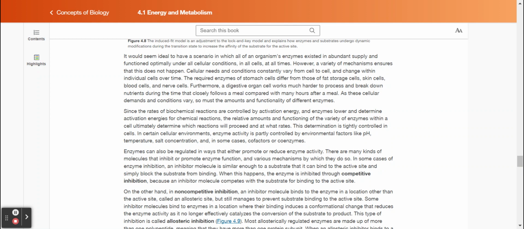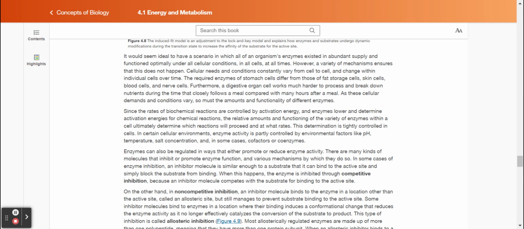Since the rates of biochemical reactions are controlled by activation energy, and enzymes lower and determine activation energies for chemical reactions, the relative amounts and functioning of the variety of enzymes within a cell ultimately determine which reactions will proceed and at what rates. This determination is tightly controlled in cells.